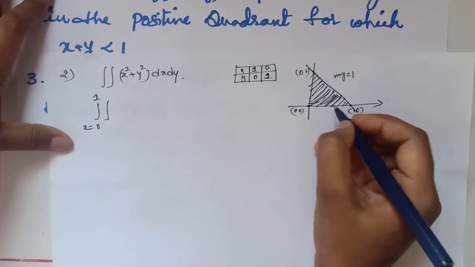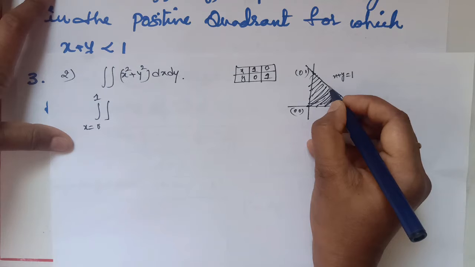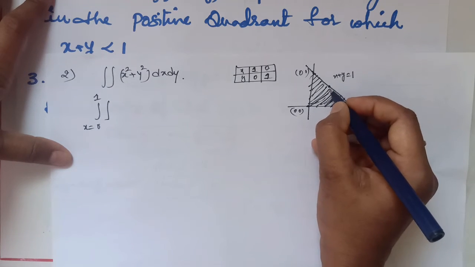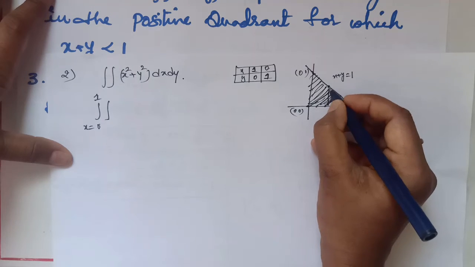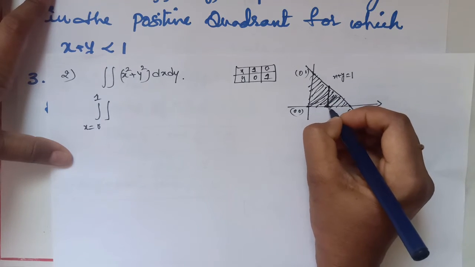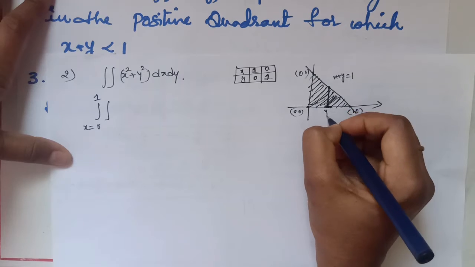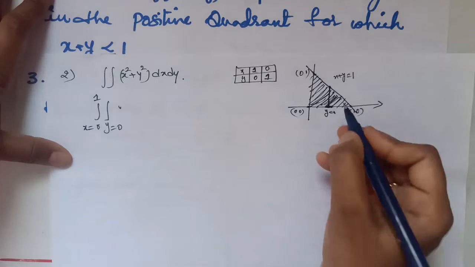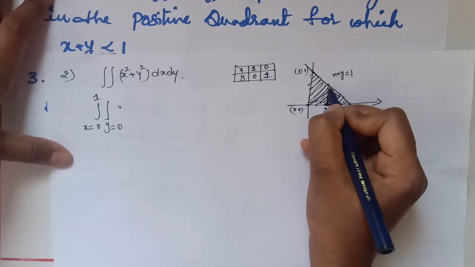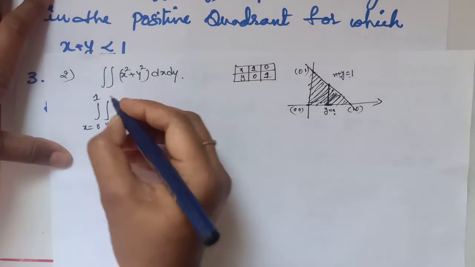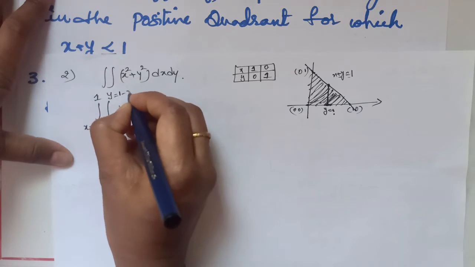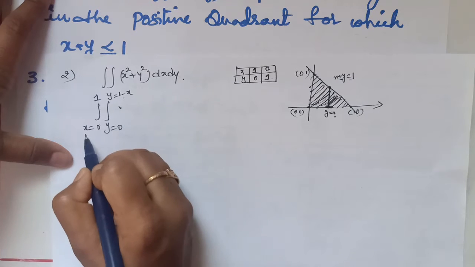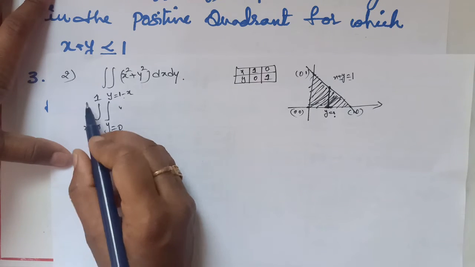For the y limits, you should draw a strip parallel to the y axis. The minimum value of y is 0, and the upper limit is y equal to 1 minus x. We got variable limits for y and constant limits for x.